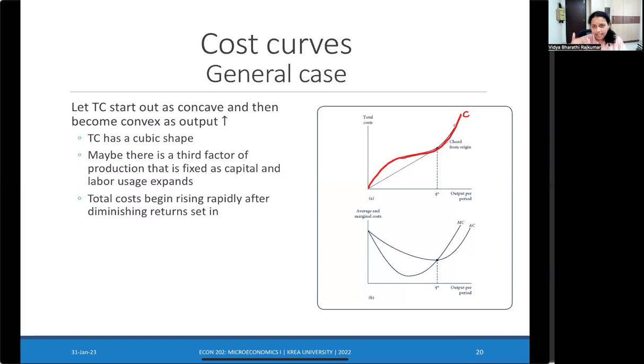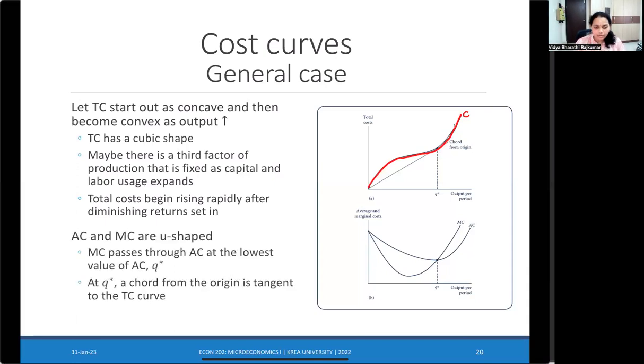The second panel shows you how the corresponding MC and AC curves will look. In the earlier case, when you had CRS, your cost function was a straight line, and AC and MC were also just constants. Now, when your cost function is a cubic function, your AC and MC curves will be parabolas. In the next slide, I'll show you how to draw the AC and MC curves.